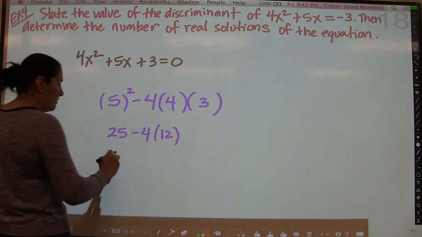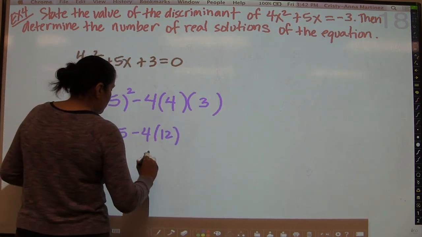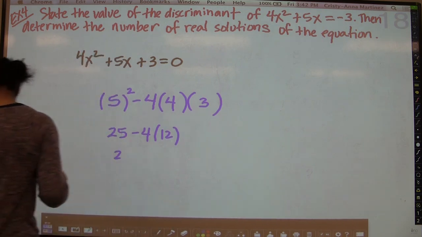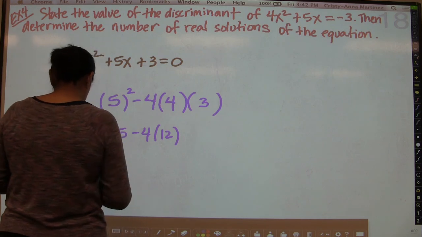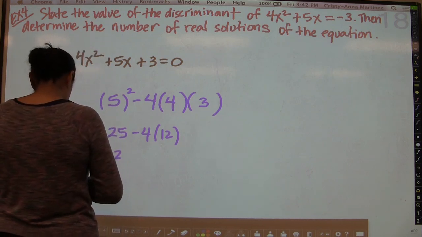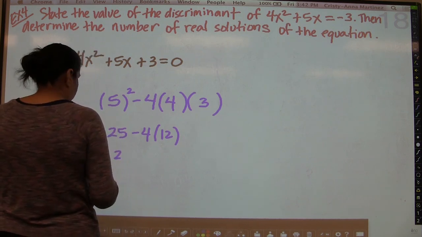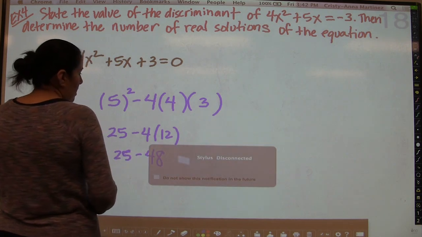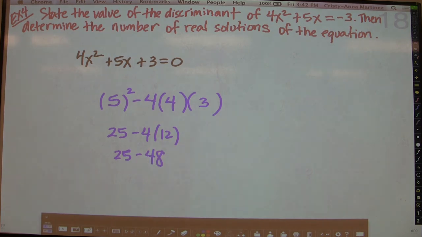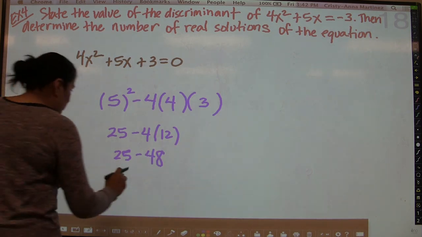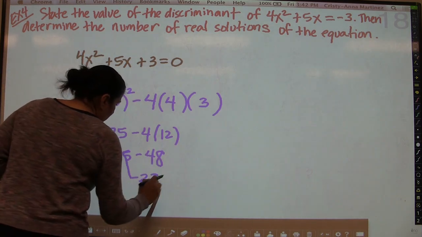And 4 times 12 is 48, so 25 minus 48. And 25 minus 48 is going to give you negative 23.